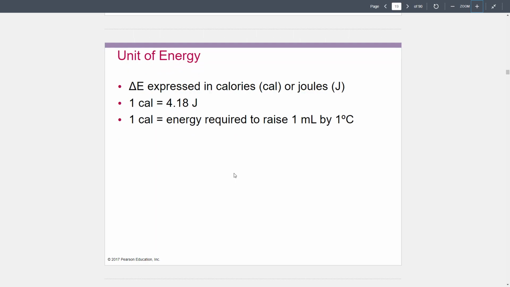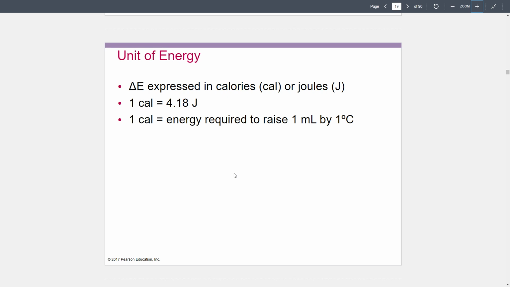A unit of energy is going to be expressed in calories or joules. 1 calorie is going to equal 4.18 joules. And what is a calorie? A calorie is the amount of energy that is required to raise 1 milliliter of water by 1 degree Celsius.